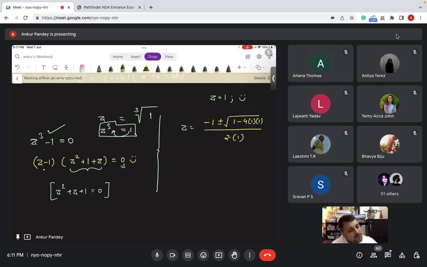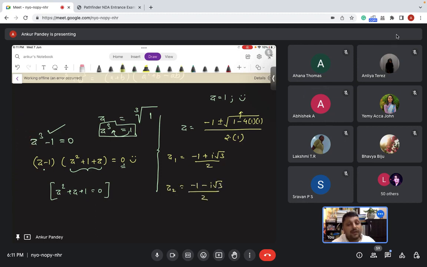Very good. So, suppose there are two such roots, z1, which is minus 1 plus, look inside this, root of minus 3. Hence, can I write it as i root 3? And z2 is minus 1 minus i root 3 by 2. If you also can transition from there to here, till then I am waiting for you. Sorted?